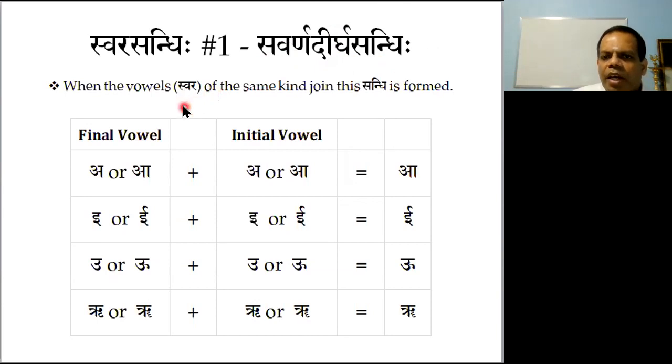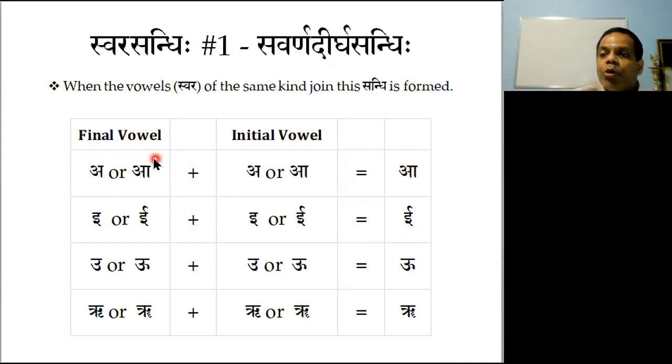When the vowels, which is swara, of the same kind, savarna, come together, sandhi is formed. And these are the rules. Just look at it. If it is too much, just ignore it. But I will just explain. Okay. For example, the final vowel. So these are two vowels coming together. That means the first word is ending in a vowel. The second word is starting with a vowel.